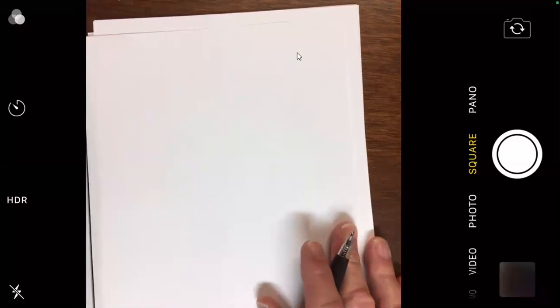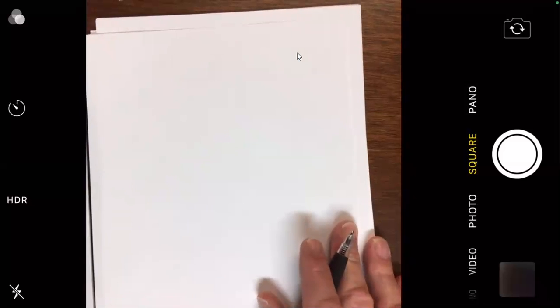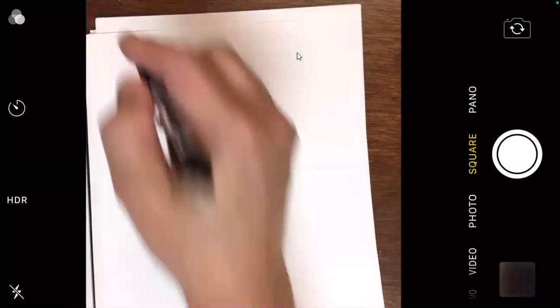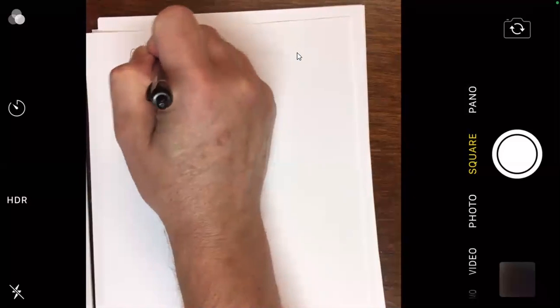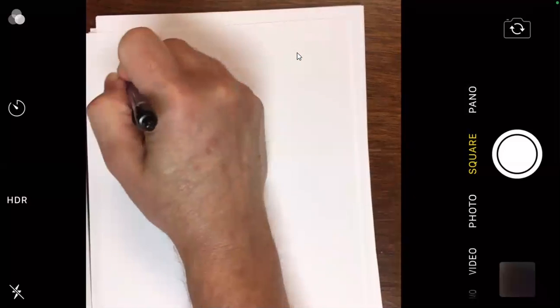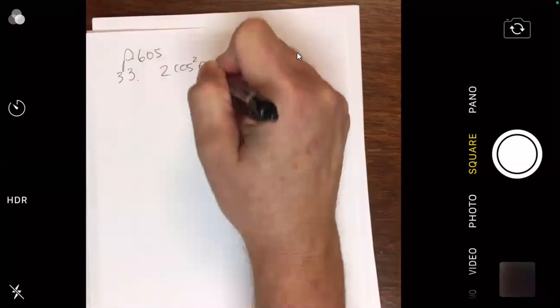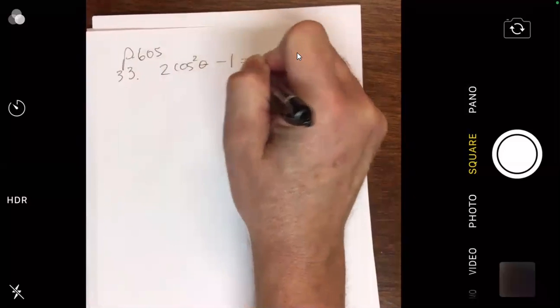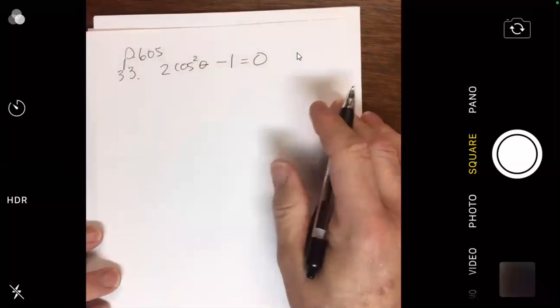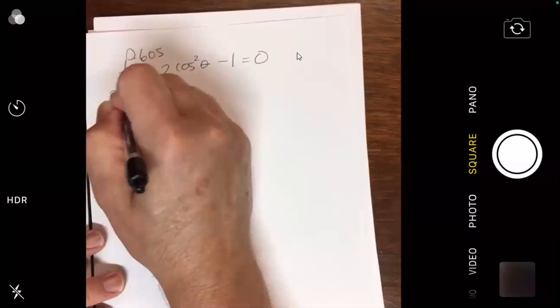Let's find all solutions. Okay, so let's try some with more steps. Why don't we try 33, page 605, 33, twice cosine squared of theta minus 1 equals 0. All right, so we want to solve for cosine theta.